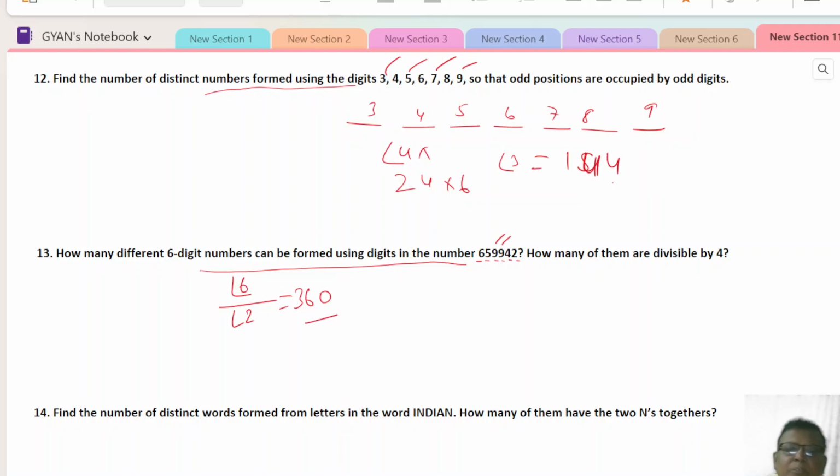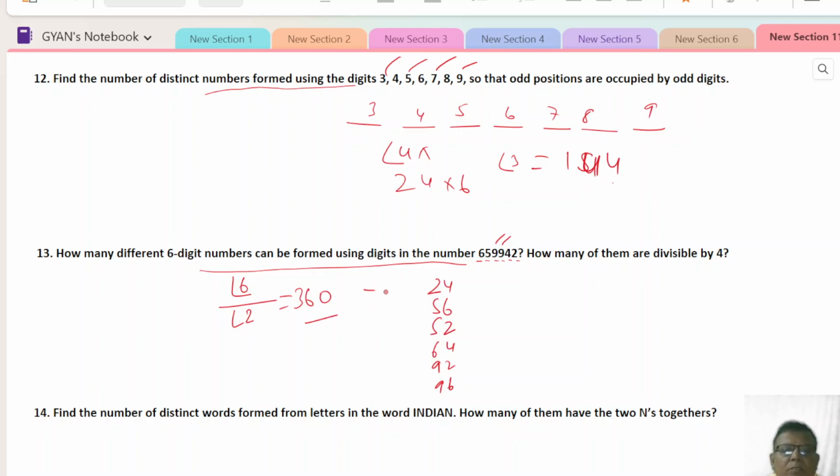Now it is telling divisible by 4. So the last two digits divisible by 4, that will be 24, 56, 52, 92, 64, and 96.